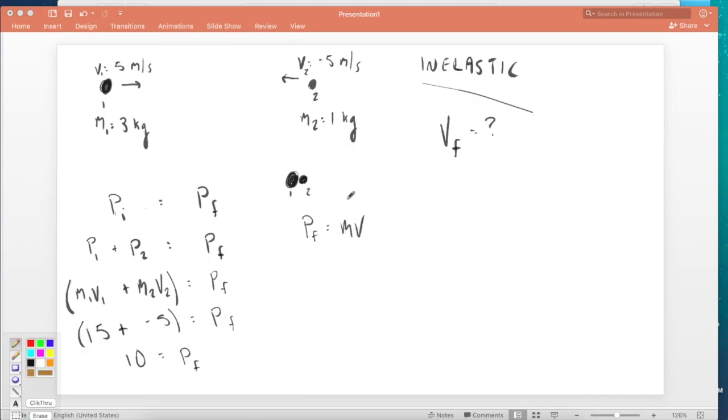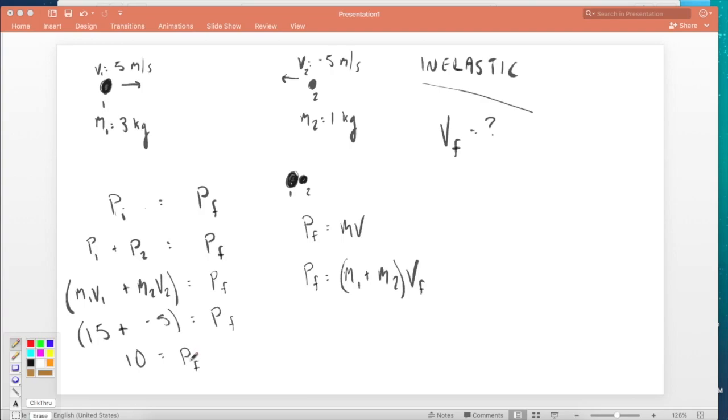So what is their mass? It's going to be just the total. So my final momentum is going to be m1 plus m2, the mass of my new stuck together object, times the velocity, which is the final velocity that I'm trying to find. How come I don't need two velocities here? Well, because these objects are stuck together. They are moving as one.